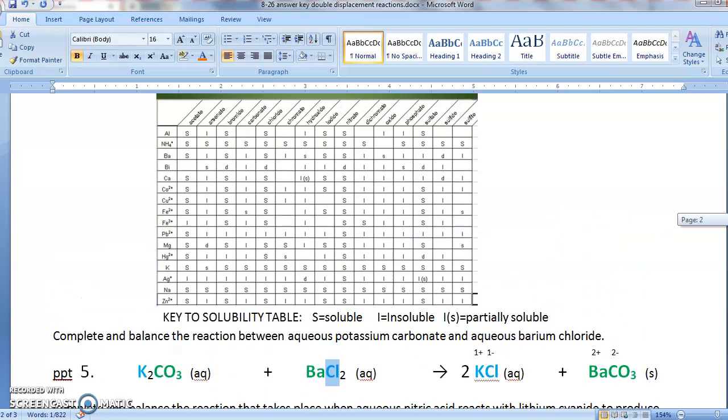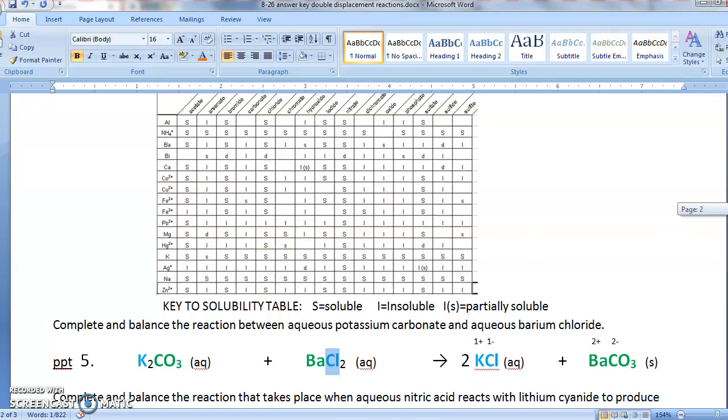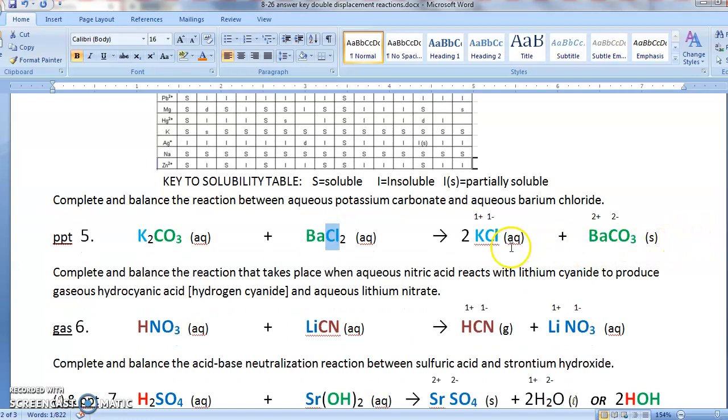What happens when the potassium bumps into the chloride? Here's potassium right here on our list. We go over to the chloride column, and there's an S there. S on this table stands for soluble. So the potassium ions and the chloride ions remain freely floating around. Water is able to keep them pulled apart.